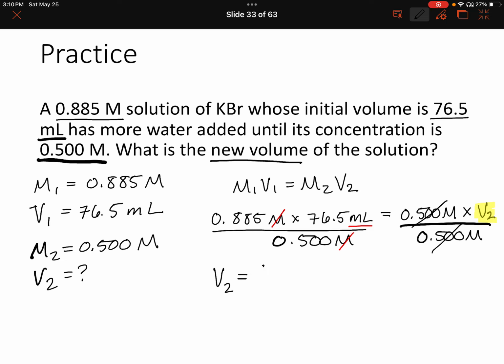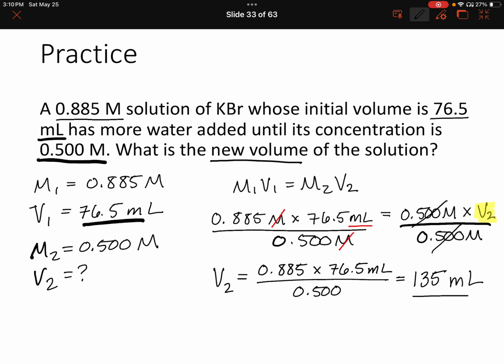V2 will equal 0.885 times 76.5 milliliters divided by 0.5, and then we already canceled our units there, so let's plug that into our calculator. So we should get a volume of 135 milliliters. And that makes sense because since we're diluting the solution, we should add more water. So we do have a higher volume than we started with.